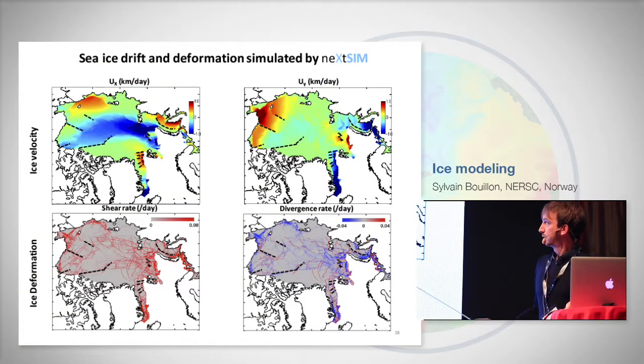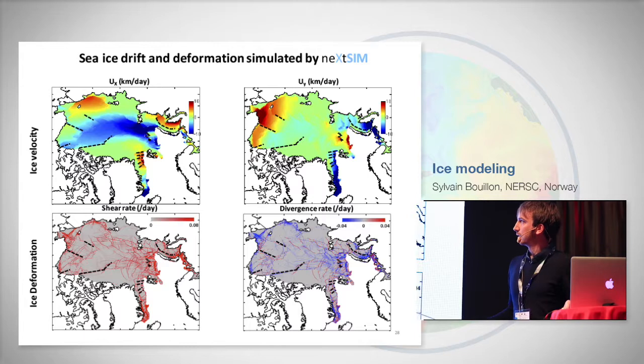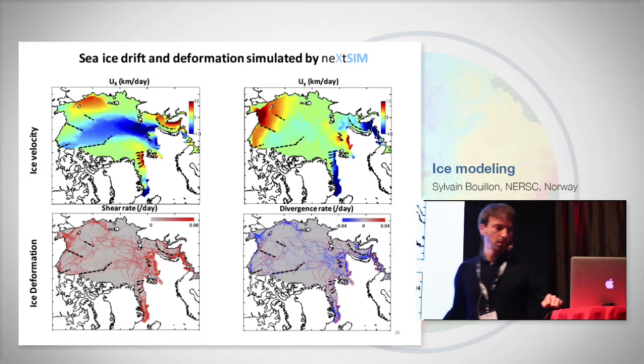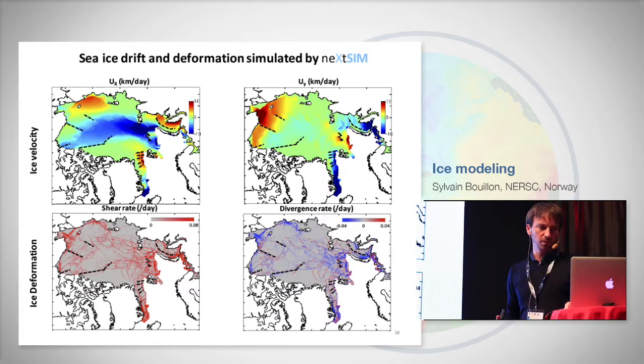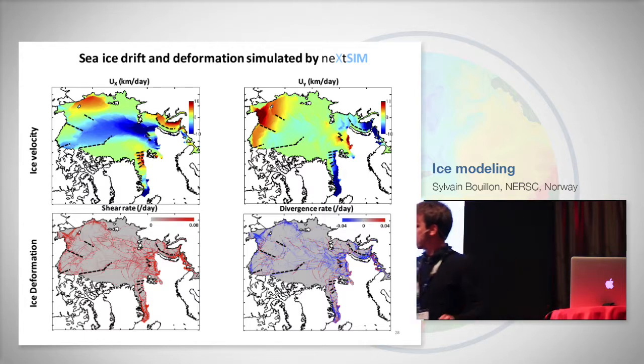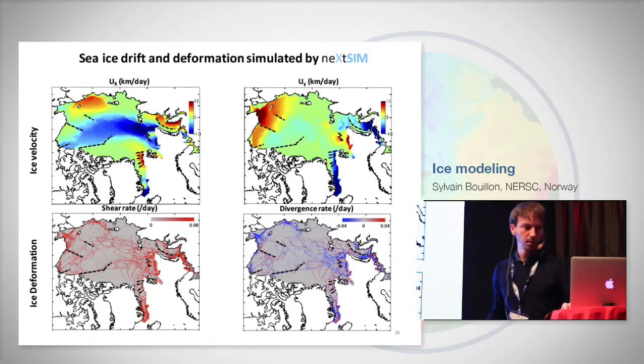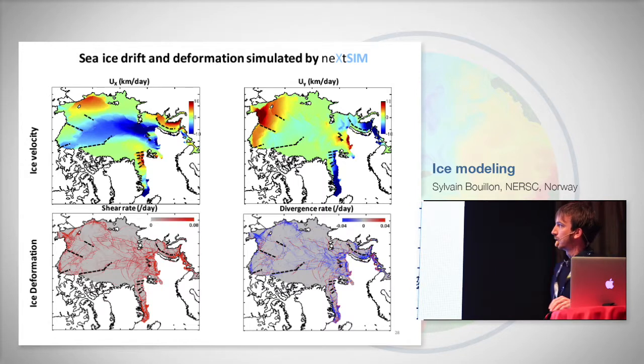So if you have discontinuity in the sea ice motion, it means that you have localized deformation. Everywhere there is a discontinuity, there are large values of the shear and divergence. And that's what we wanted to simulate and to compare to observation.